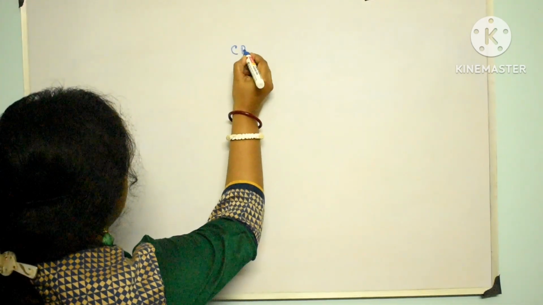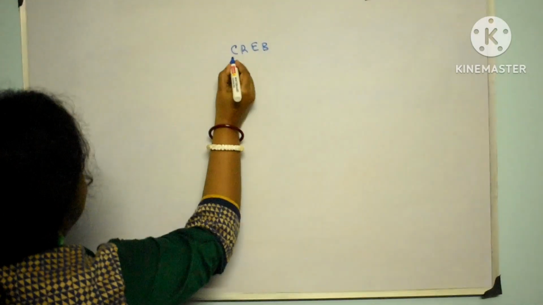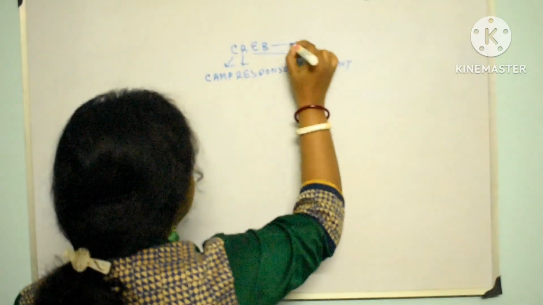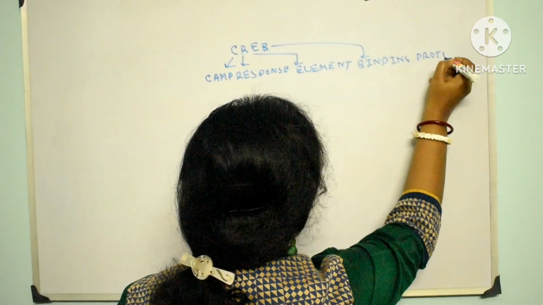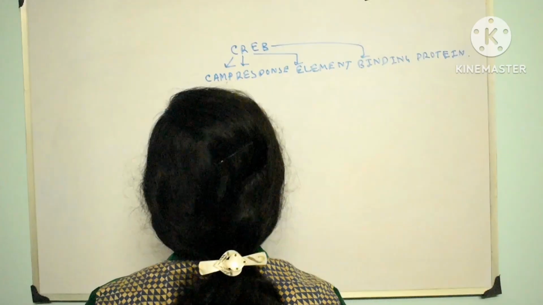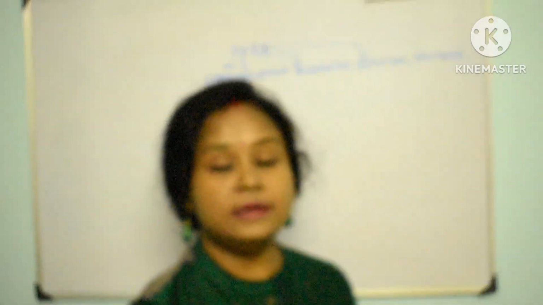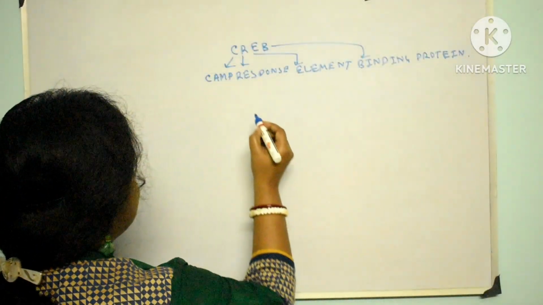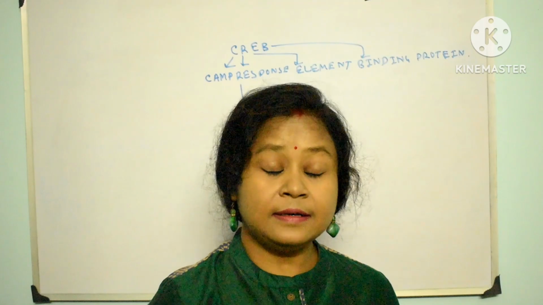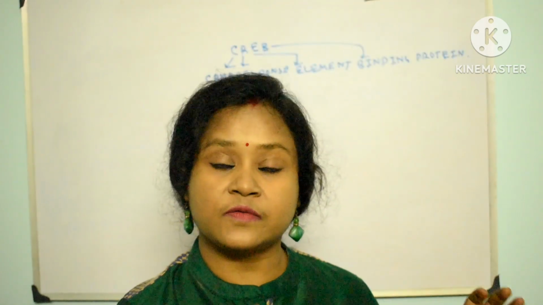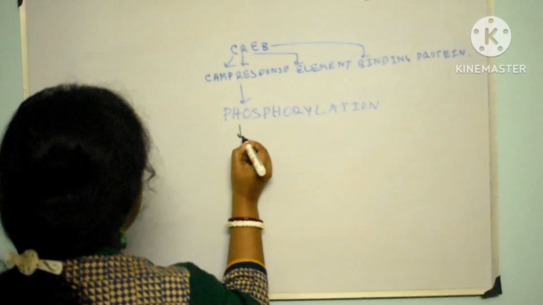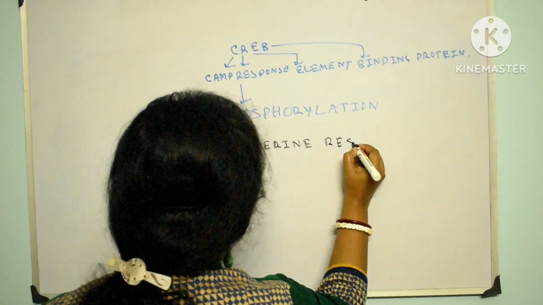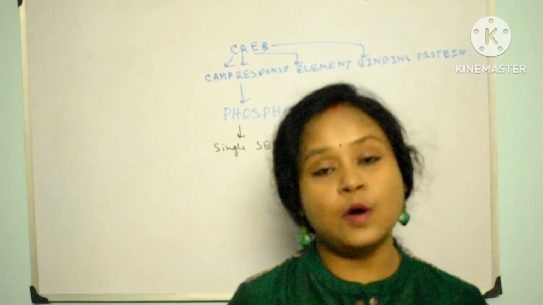The full form of CREB is cAMP response element binding protein. This is one of the major nuclear targets for protein kinase A, and it is activated by cAMP through phosphorylation at a single serine residue, which greatly increases the activity of CREB.